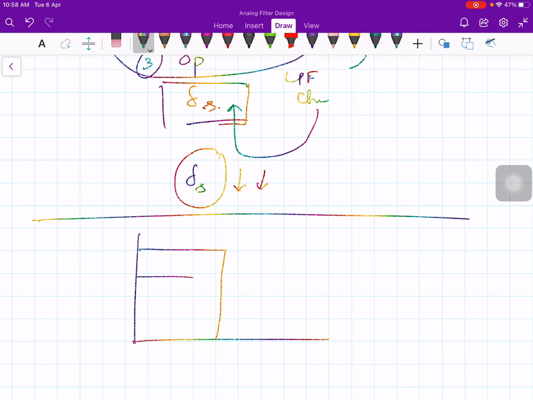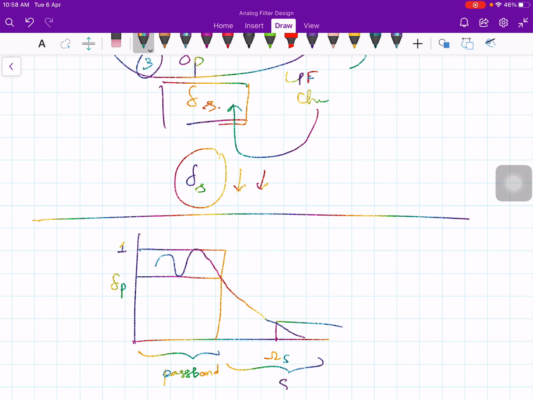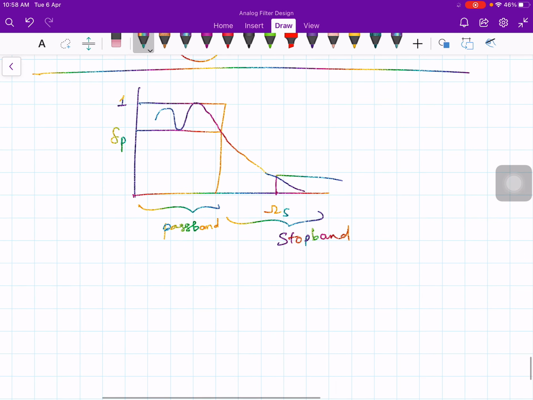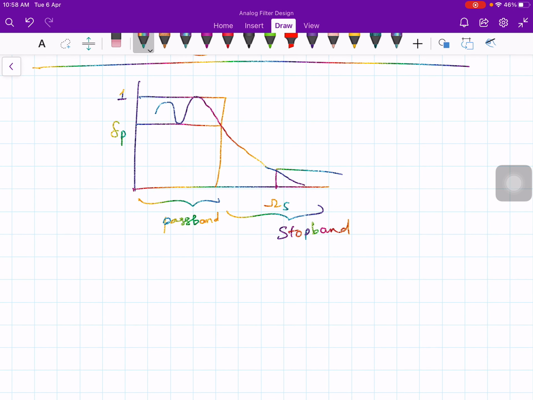This is 1 and this is delta P. There will be some oscillations like this, so ripples in the pass band, and this one is the stop band, with monotonicity in the stop band.